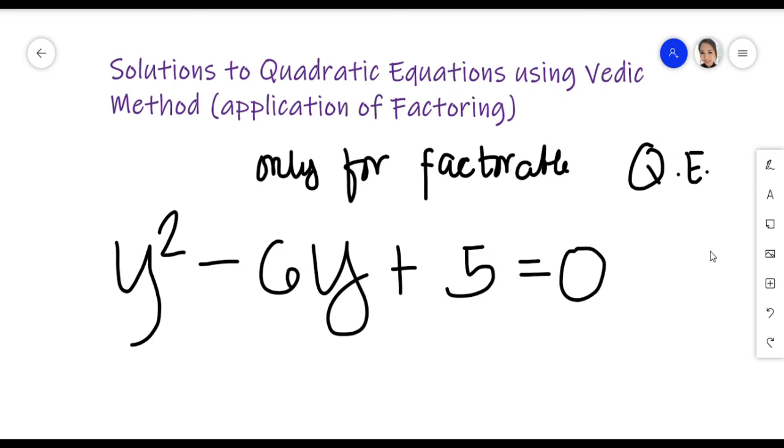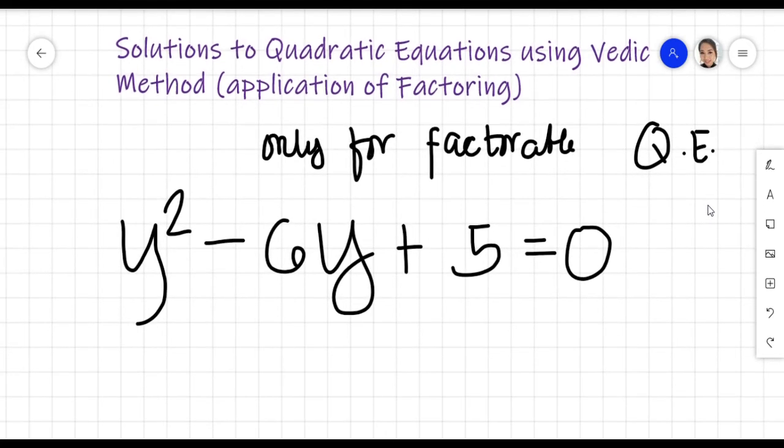So let's try an example where we will solve equations using the Vedic method. Let's use the same example we had earlier. y squared minus 6y plus 5 equals 0. Since we already know that this quadratic equation is factorable, then we can apply the Vedic method.